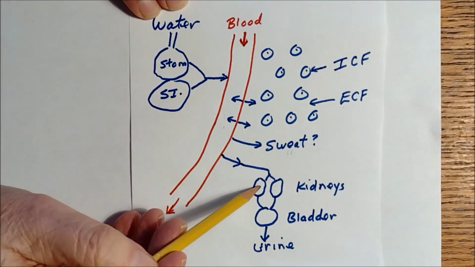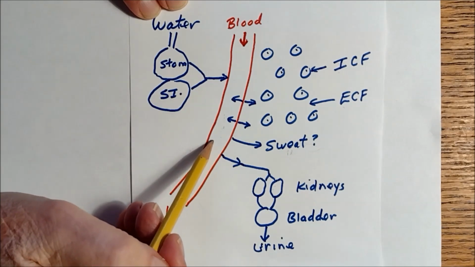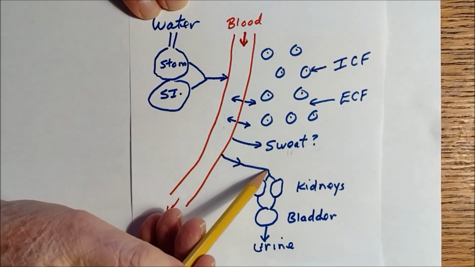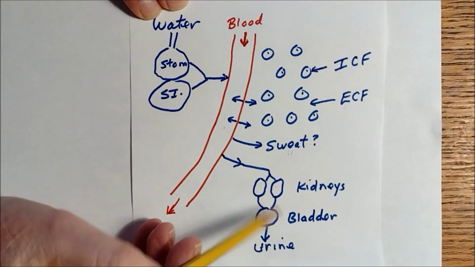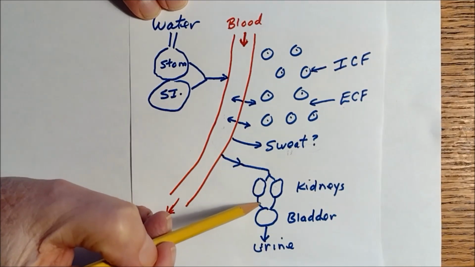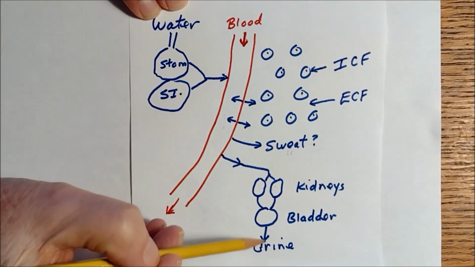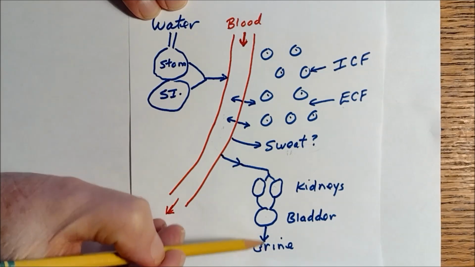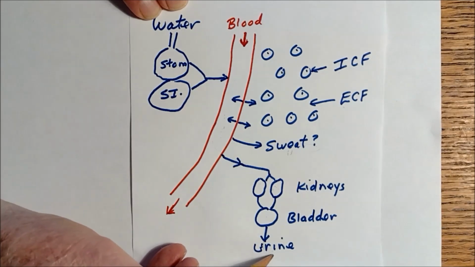Now let's get down here to the kidneys, because here's the bloodstream entering the kidneys, right? Here are the two kidneys. Here are the two ureters leading down to the bladder. And here you pee out the urine, right? Remember, urine is made mostly of water, about 95% water.